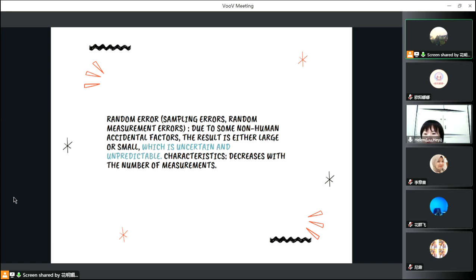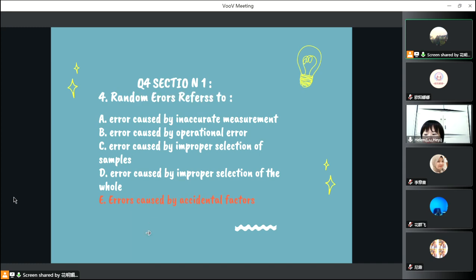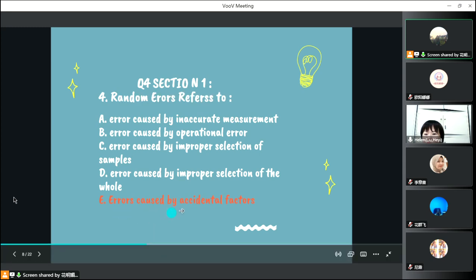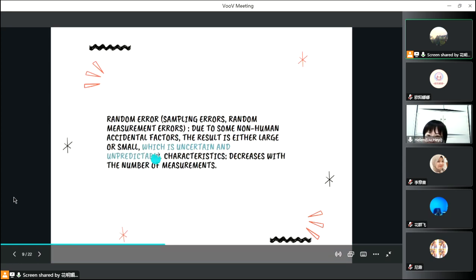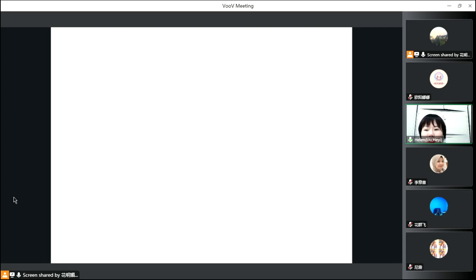And it depends partly on the quality of the tools used. My answer for this question is E, error caused by accidental factors. Yes, because it refers to this sentence. Yes. Very good. Your elaboration is so perfect.